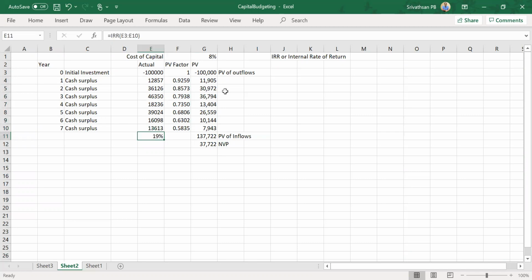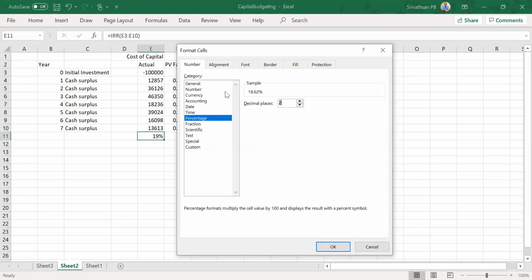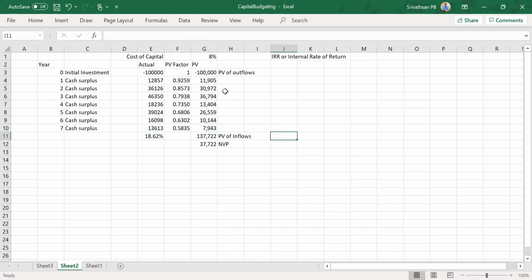Let's check the calculations. 18.62. So the PV factor at 18.62%: first year anyway 1.